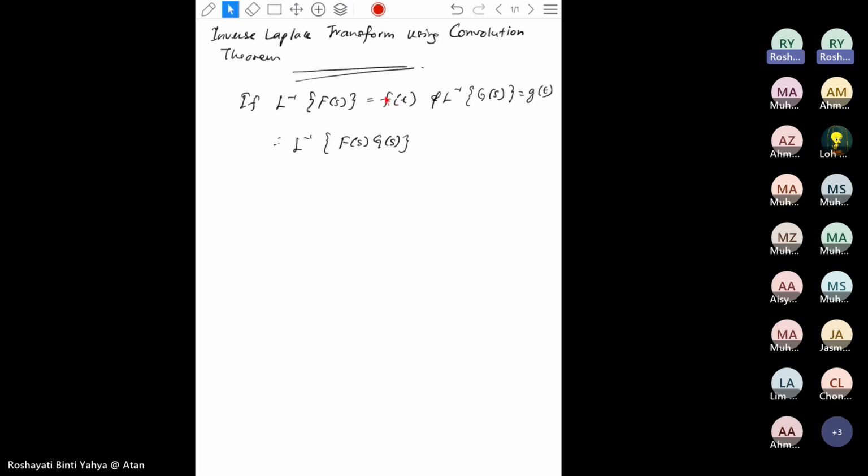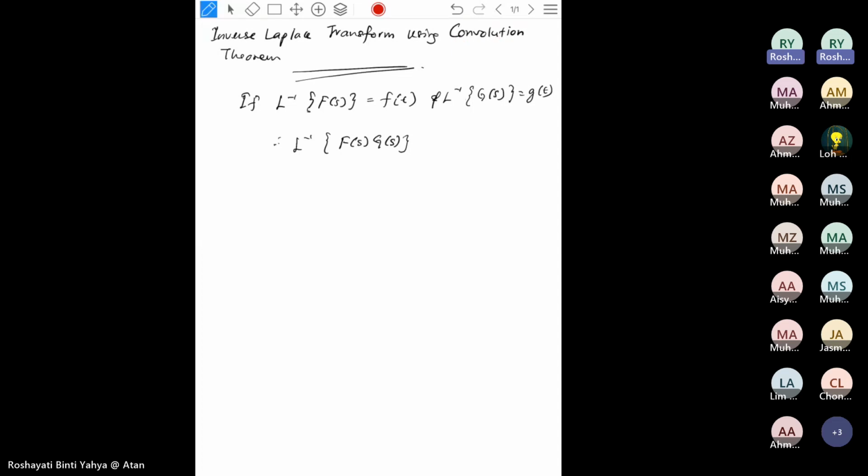This is in the time domain. The Laplace transforms, F(s) and G(s), these two are in the frequency domain, so in the frequency domain we can multiply them together. The multiplication in the frequency domain, we call it convolution.